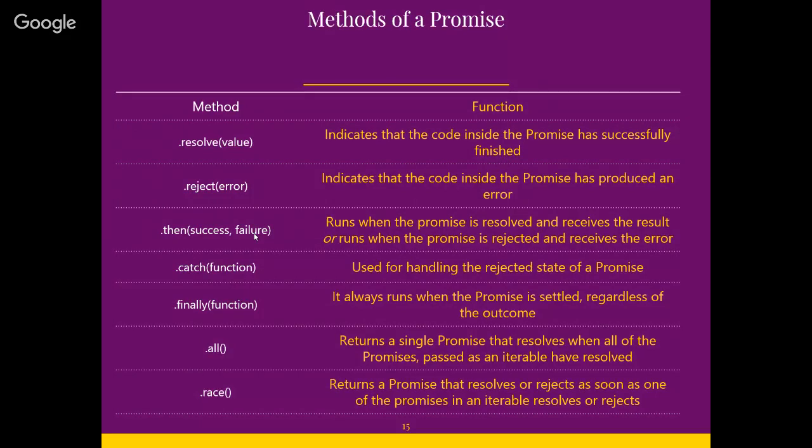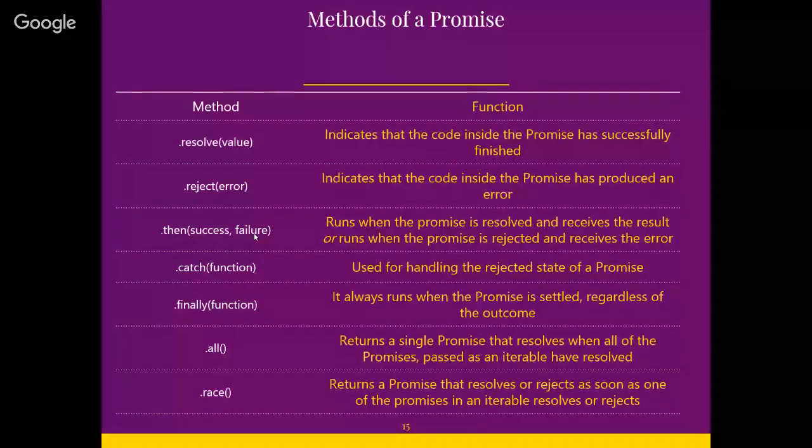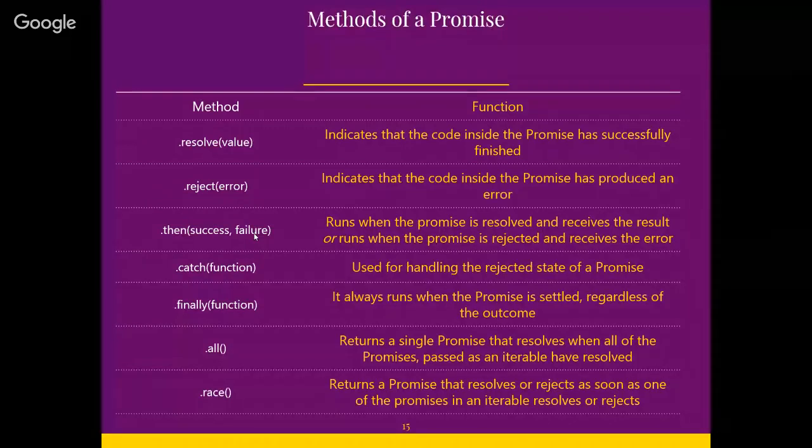The next method, the all method, is kind of specific. We must pass it an iterable. An iterable means some kind of data type that we can loop over, so in most cases, an array. And this iterable, the array, has to have promises in it. If we have some kind of array with promises in it, we can use the all method.